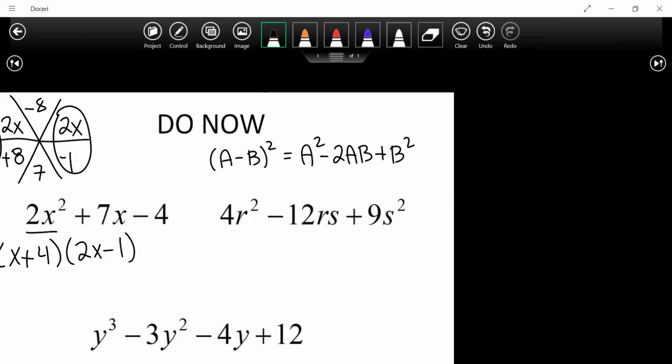Yeah. If I'm going to denote this, I can rewrite this as 2r squared minus 2 times 2r times 3s squared. You could still factor it if you can automatically see it. Some of you guys can do that.